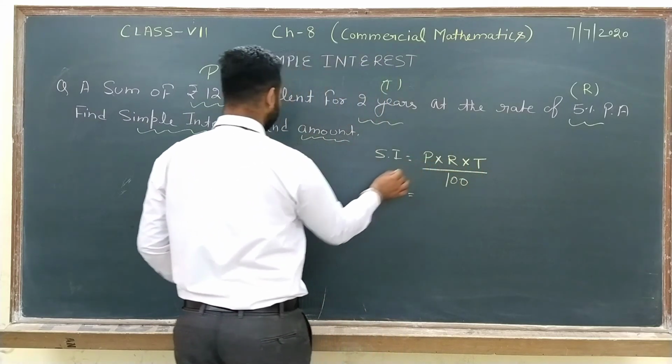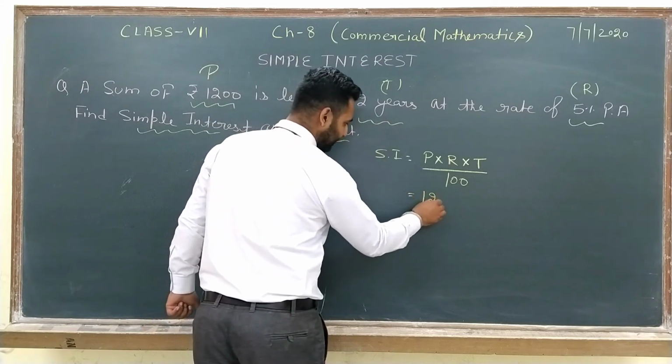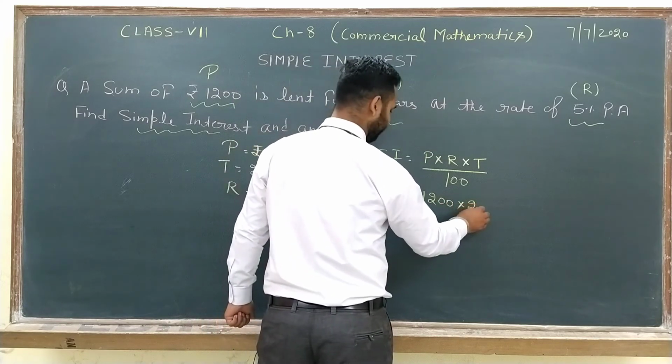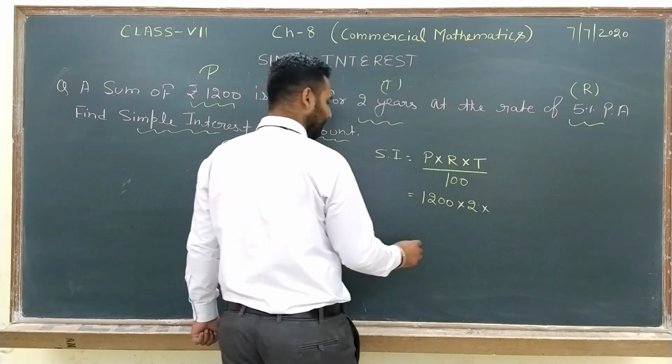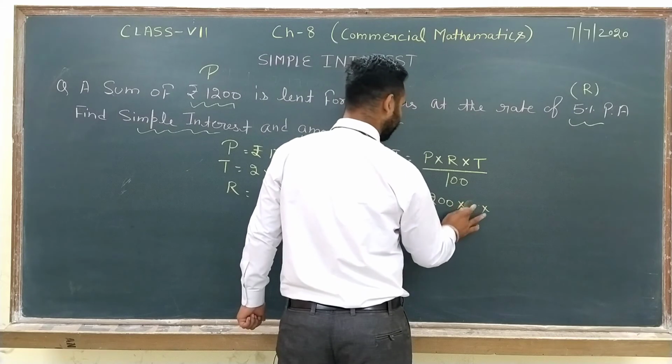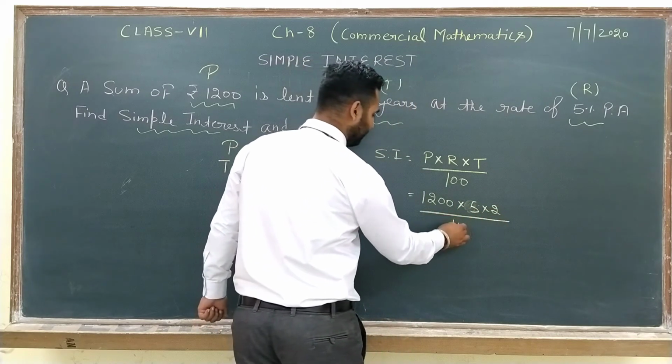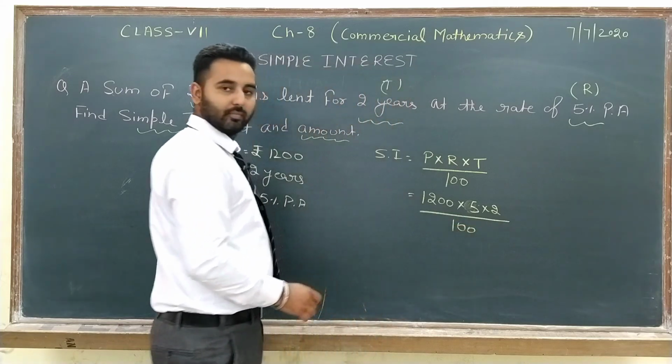Now principal is 1200 rupees, rate is 5% and time is 2 years, upon 100. Clear?